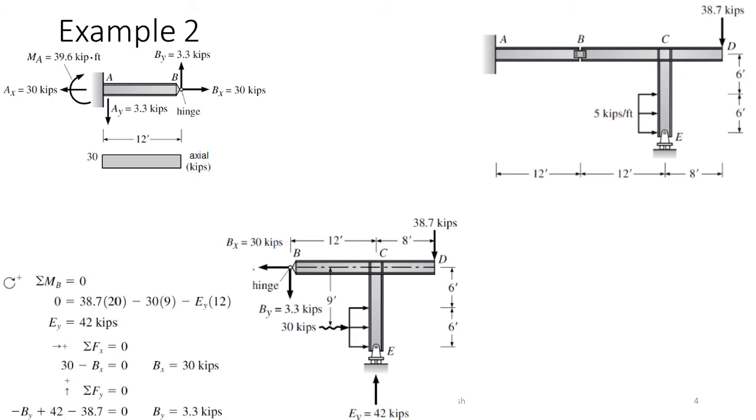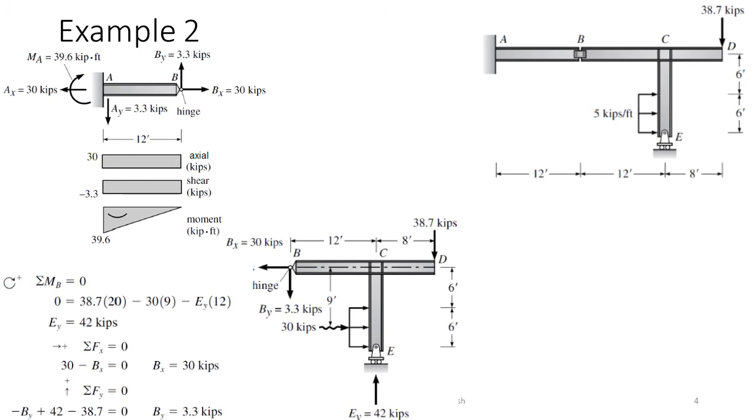So this will tell us that the axial force within this part of the structure, within part AB, is 30 kips. This is tension. Then the shear force is simply minus 3.3 kips, because if I take a section anywhere between A and B, I will see the same negative 3.3 kips in shear force.